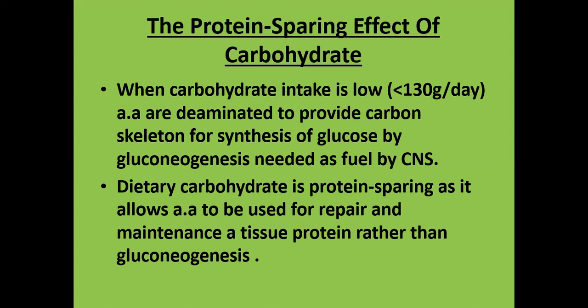If carbohydrate and fat are present in insufficient quantities, then what happens? Some dietary proteins must be used for energy generation. So apart from their primary function of formation and repair of tissues, these amino acids are used for energy generation if carbohydrate and fat are not available.